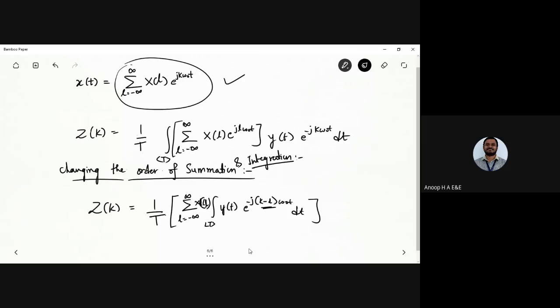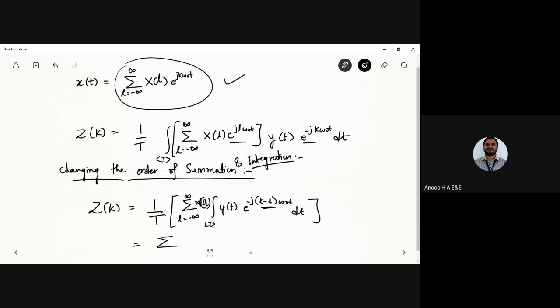How did I write this k minus l? These are the exponential terms, isn't it? Once I take the common factor, it is written as e power minus j k minus l into omega naught t dt. So what are you going to get there?